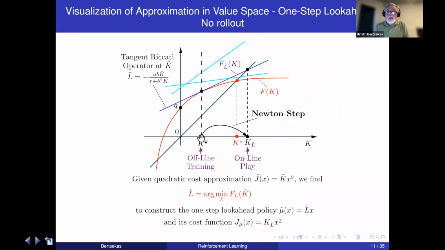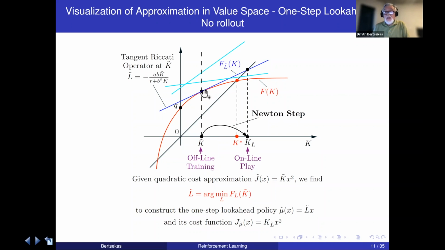here, to obtain the L, the linear policy that attains the minimum, which is attained actually at this point here. That's what we showed. And to obtain this minimum, we have to consider this line, look at all the points of intersection with these blue lines, and take the minimum of those.